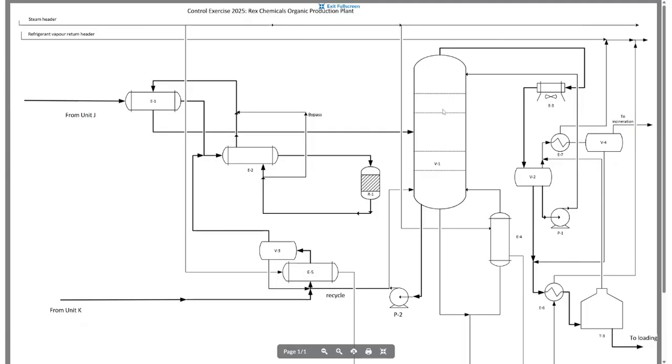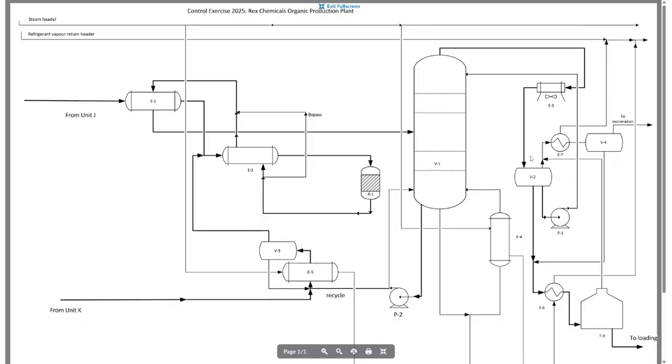Of course, this distillation column, theoretically, separates the vapor distillate in this condenser E3 as well as the reboiler stage in E4 underneath it.